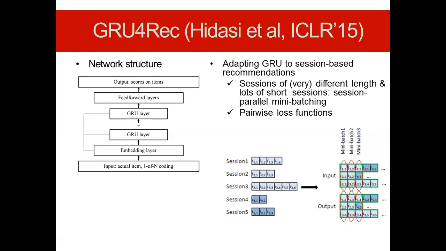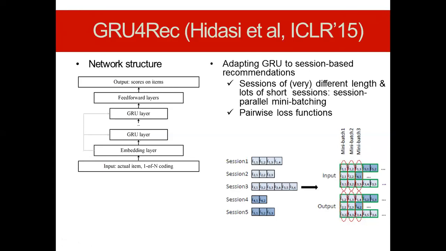So how likely they will click on those candidate items. This paper applied GRU for recommendations with two modifications. One modification is they use so-called mini batch, but at a session level. The traditional way of doing mini batch for RNN is you look at the instances within a sequence.